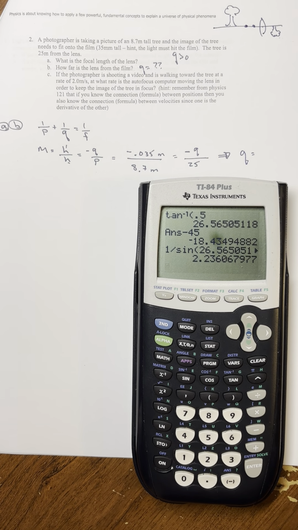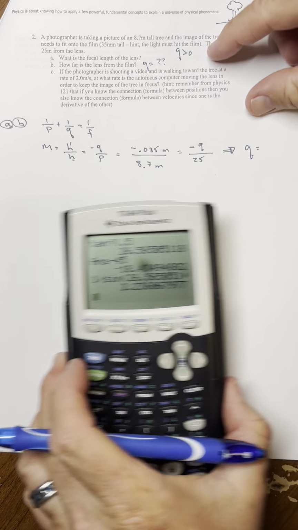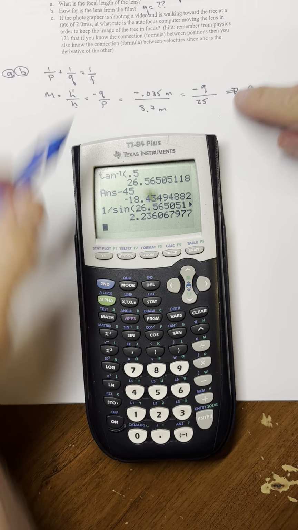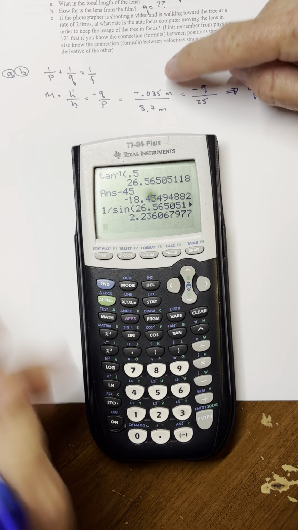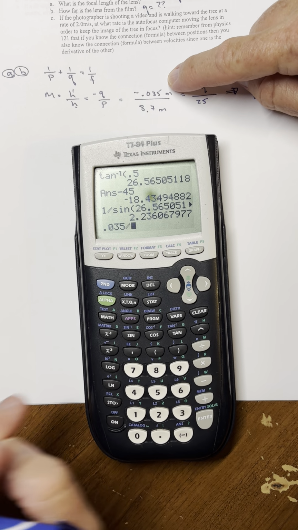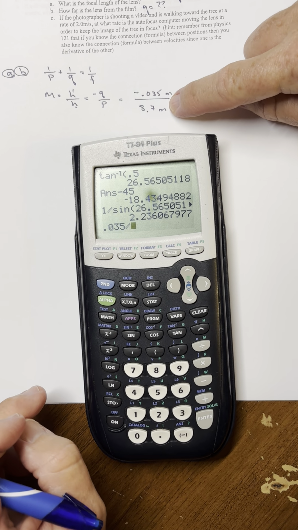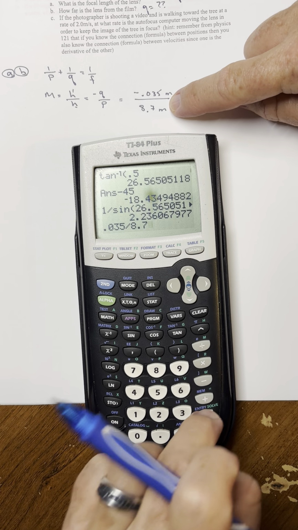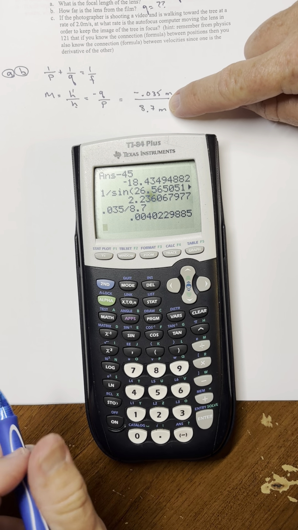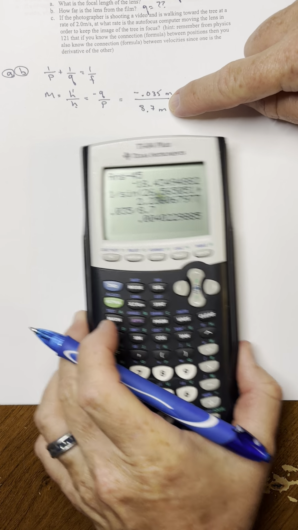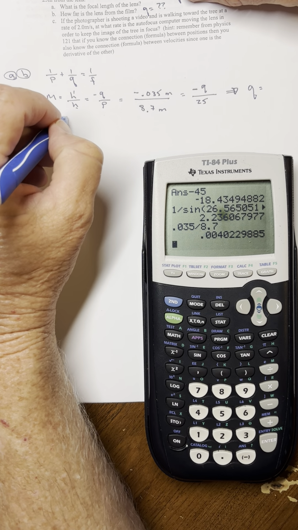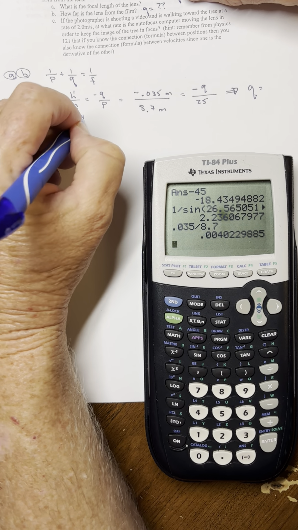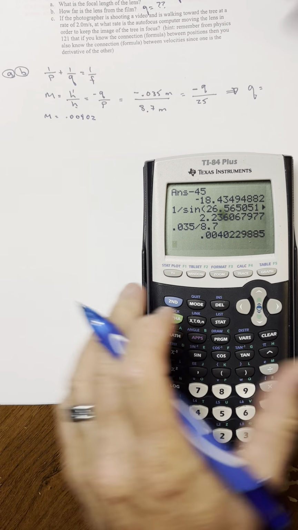And so, grabbing the calculator here, I'll just mentally cancel out the two negative signs. And this is 0.035 divided by 8.7. So there's the magnification. And in fact, I might write that down: 0.00402.